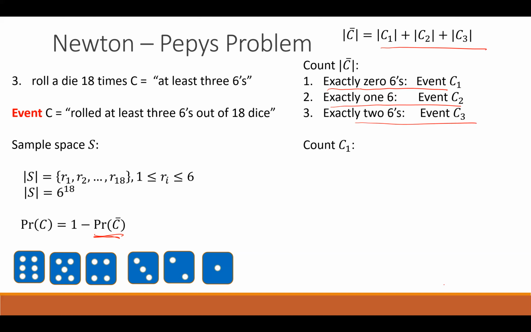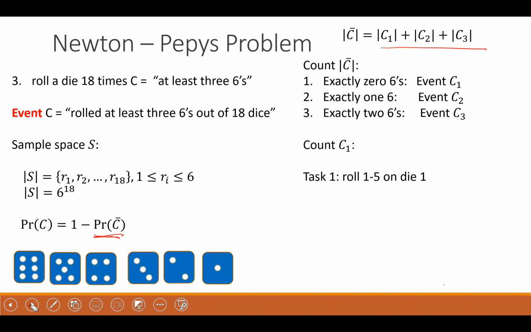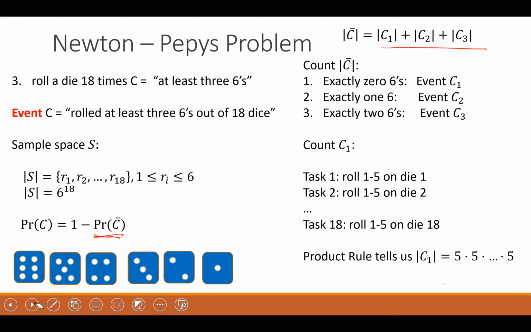If I have exactly 0 6s, then that means I do not have any rolls with 2 6s, for example. So count C1, well, that's simple. 0 6s on 18 dice. I choose the numbers 1 through 5 for all 18 dice. So the product rule tells us this is 5 to the power 18.